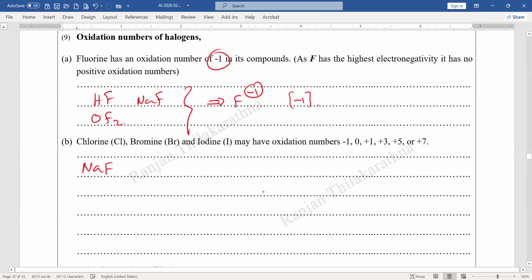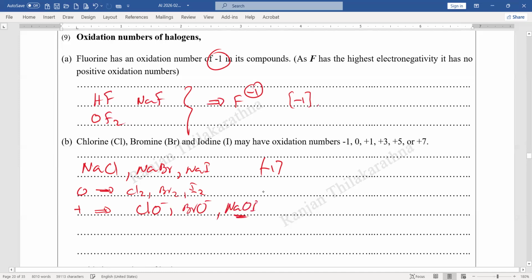I can't write down all, but I just want to say here NaBr and also NaI are -1. 0 is Cl2, Br2, I2. +1 is ClO-, BrO-, NaOI.